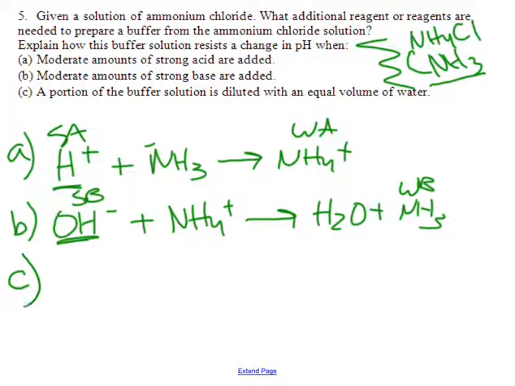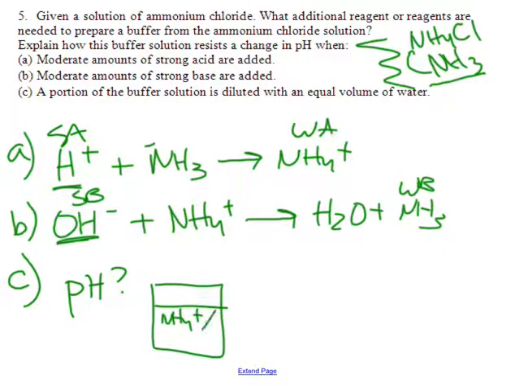Part C. A portion of the buffer solution is diluted with an equal volume of water. What happens to the pH? If we just took the buffer, and in our buffer, remember, we have NH4+ and NH3, and I threw in some H2O liquid, what happens to the pH? I heard it goes down.